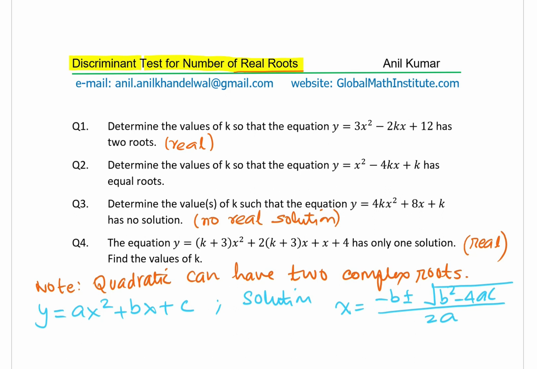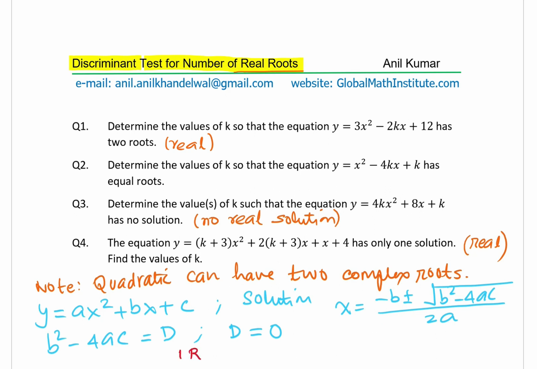The term b squared minus 4ac is called the discriminant. We normally write it with capital letter D. The analysis of D will help us find out how many real solutions there are in this particular case.